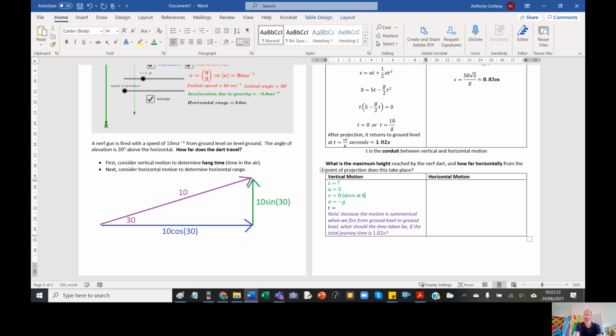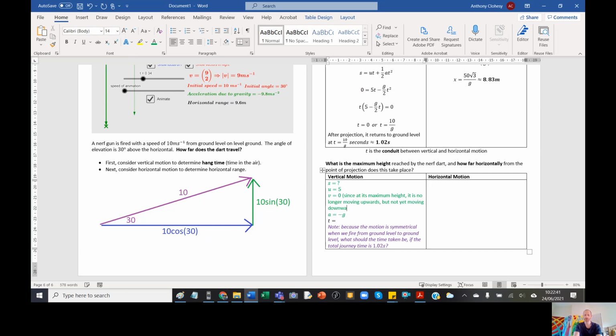Since at its maximum height, it is no longer moving upwards, but not yet moving downwards. You could think of it as the instant when the velocity changes from positive to negative. There's going to be a moment, and I say moment because it doesn't last any time, but when you throw something in the air, there is that brief snapshot when it's no longer moving upwards, but it's not yet moving downwards.